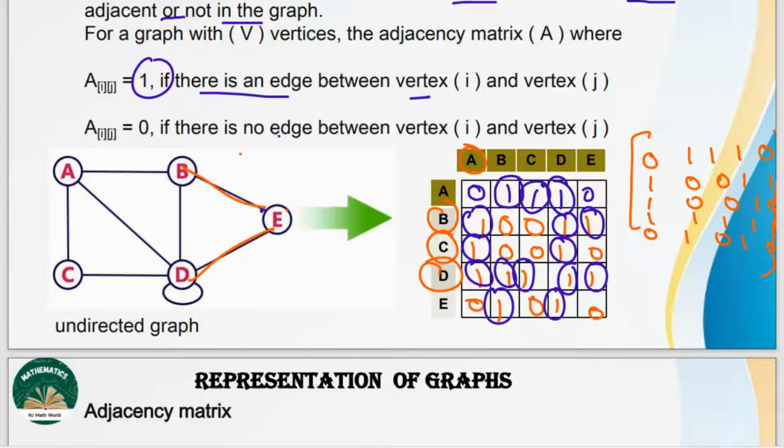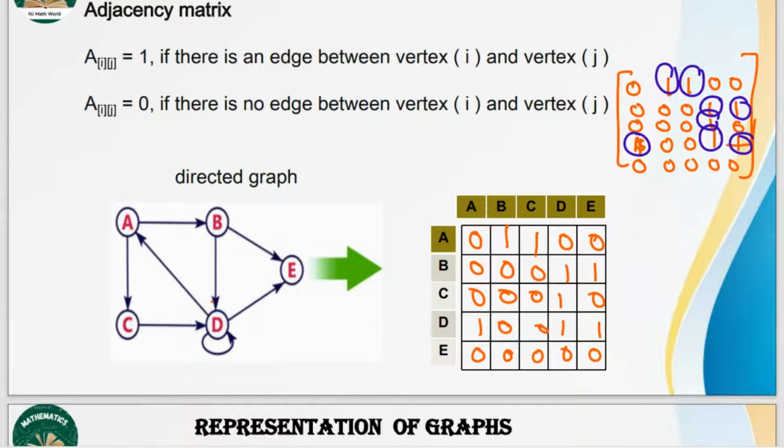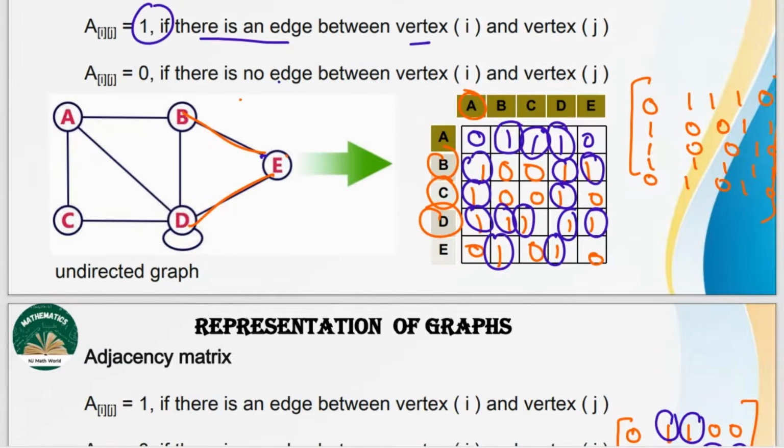We have 15, and one more, a self loop, D to D here. So it will be double of the directed graph. Here we have 8, so 8 into 2 is 16, it should be 16 over here. It will be double of that.